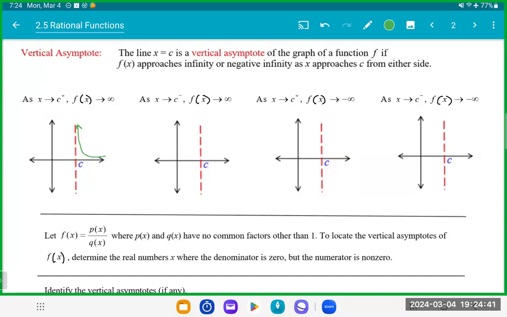So how do we draw that? We would just say as x approaches from the right, it goes up here, because that red dashed line is an asymptote. We can get really close to the line, but we cannot cross it. Okay?